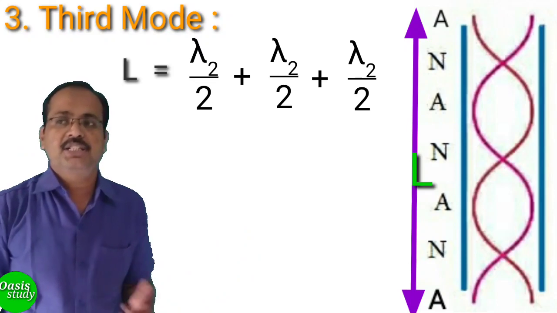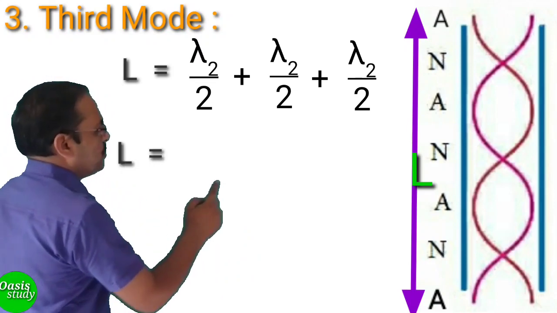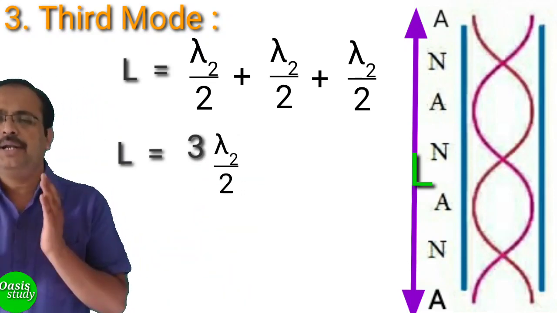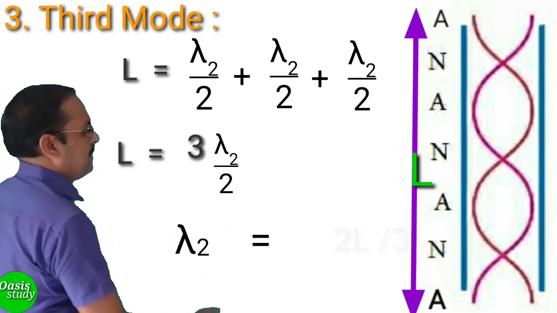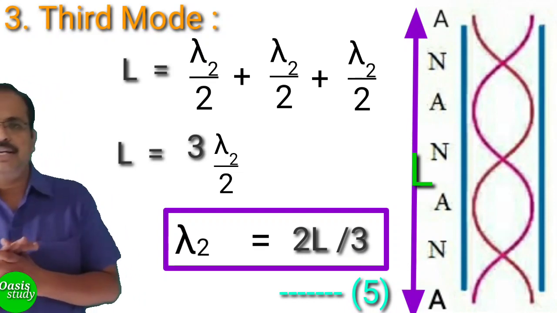We have to add 3 times, and after adding, L is equal to 3 lambda 2 by 2. Therefore lambda 2 is equal to 2L by 3. This is equation number 5.